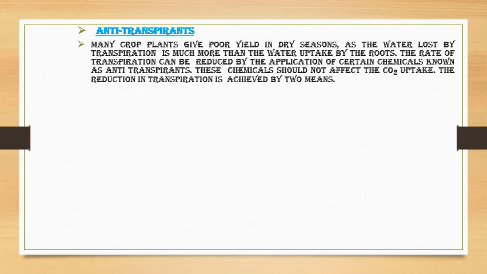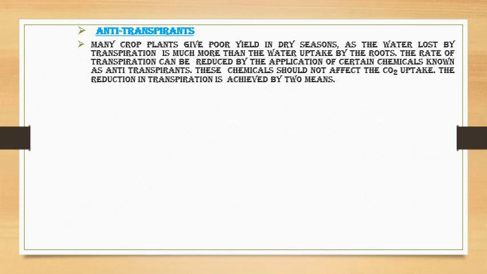Antitranspirants. Many crop plants give poor yield in dry seasons as the water lost by transpiration is much more than the water uptake by the roots. The rate of transpiration can be reduced by the application of certain chemicals known as antitranspirants. These chemicals should not affect the CO2 uptake.